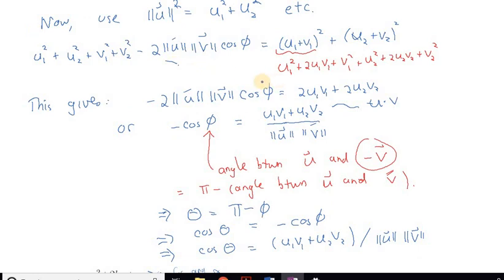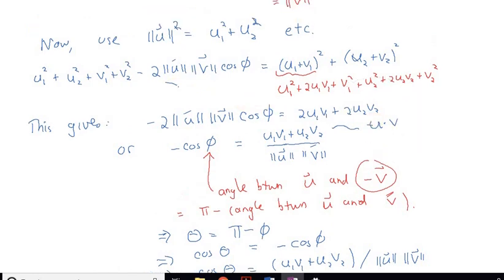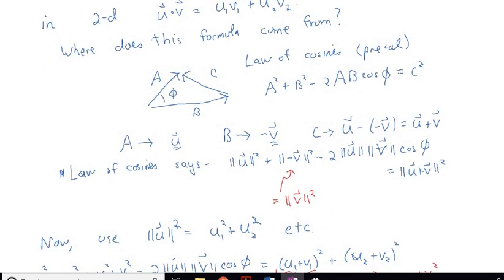Now, where is v in this picture? Let's go up there and find it. V is pointing out the other direction. So v points out this way. My theta is this angle here. I'm not going to draw it, I don't want to mess up my picture, but v is this way because v is the negative of this vector. And the angle theta is this angle here.